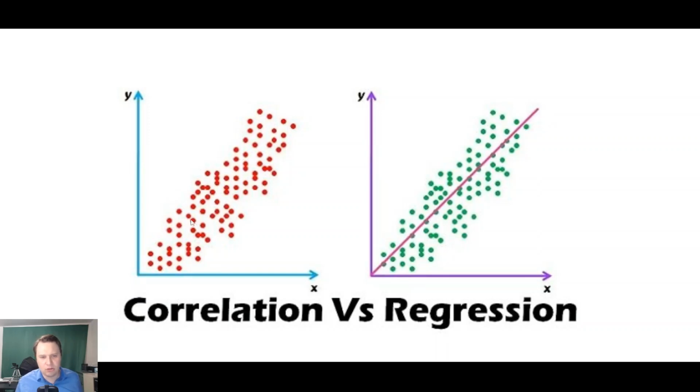Correlation is just about looking at that connection. Regression, on the other hand, is about finding a line of best fit, a line that goes through our data so that we can make predictions about the future. Similar ideas, and a really interesting part of statistics.